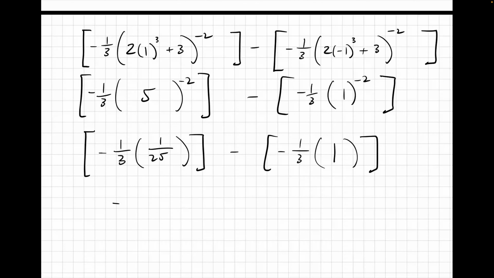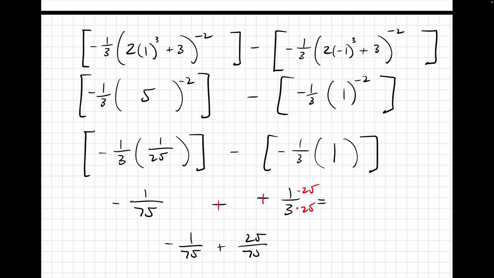So we get negative 1 over 75 minus a negative 1/3. Well, first of all, it's going to be plus, and then I've got to multiply this by 25. So negative 1/75 plus 25 over 75 is negative 24 over 75.